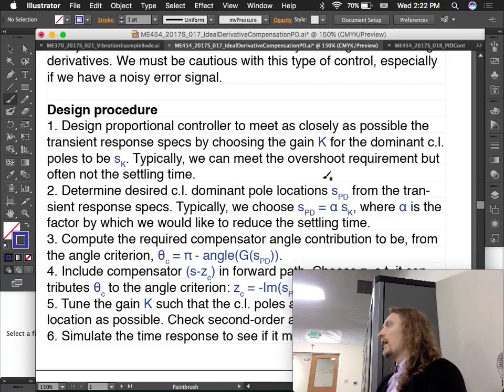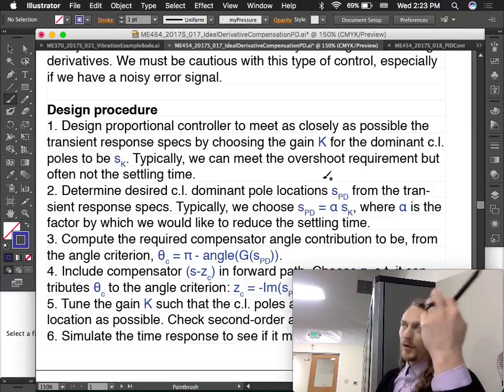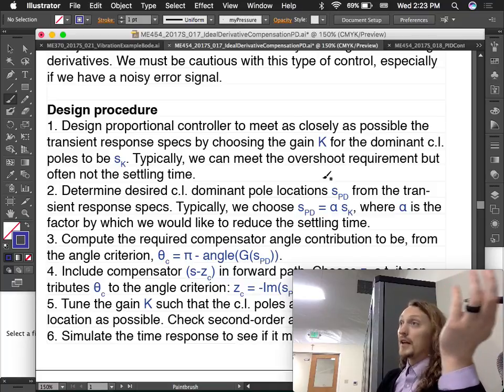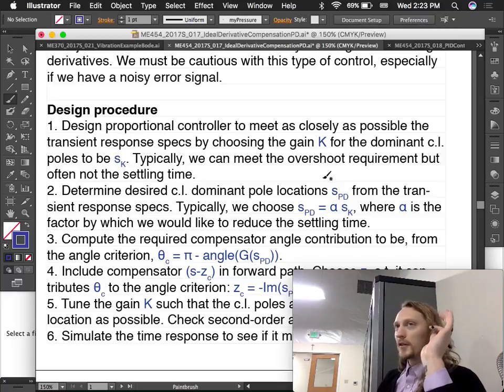This is assuming, so notice all of our transient response tools have to assume a second order or first order, but most likely it's going to be second order dominant system. That the dominant poles are going to be second order poles, a second order conjugate pair.